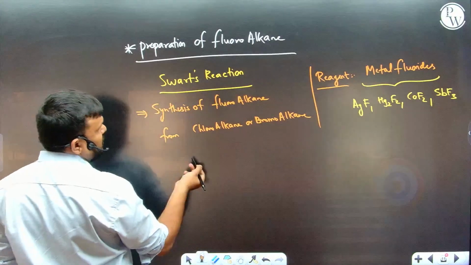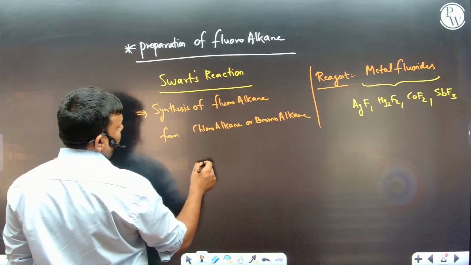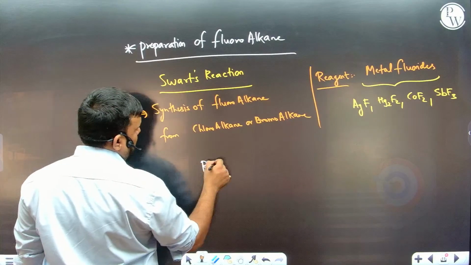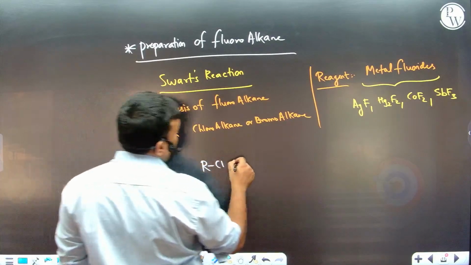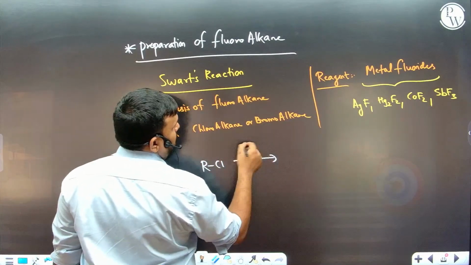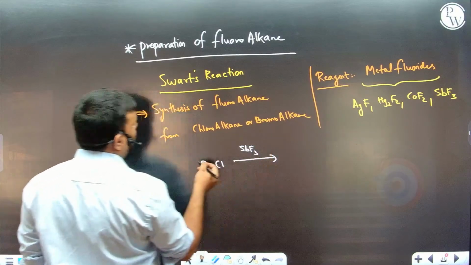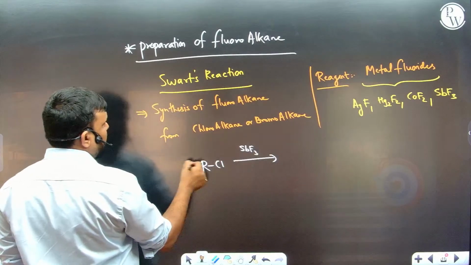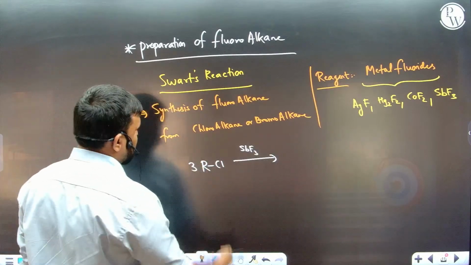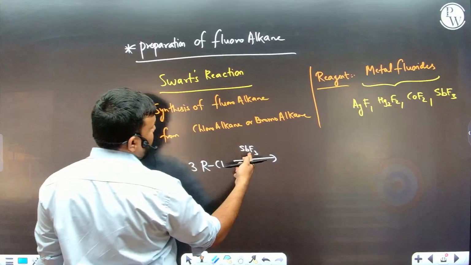What will be the reaction? Suppose we are having RCl and you are reacting with SbF3 over here. What will happen? You can take 3 equivalents of RCl because it is having 3 fluorines.